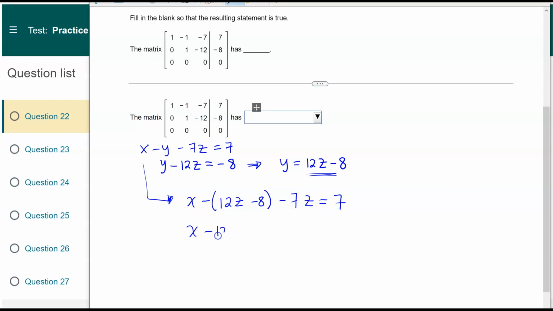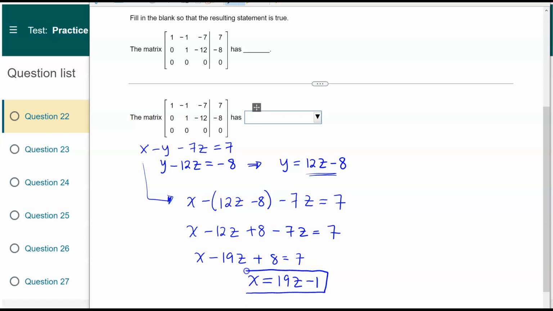So you have x minus 12z plus 8, distributing the negative sign to each term in the parentheses, minus 7z equal to 7. Now, negative 12z minus 7z is negative 19z. So x minus 19z plus 8 is equal to 7. Then you move this to the other side of the equation to solve for x. So x becomes 19z, and then you have 7 minus 8, so that's equal to negative 1.